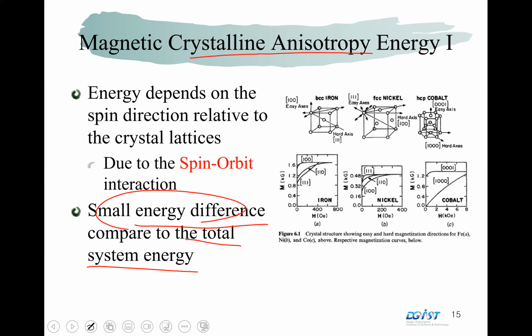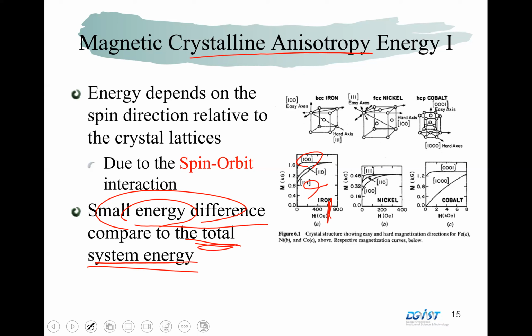In an experiment, even though it's a small variation, if you align the magnetic moment of the iron to the 100 direction and the 111 direction, they require a certain field, which means we need a certain energy, and this is called the magnetocrystalline energy.